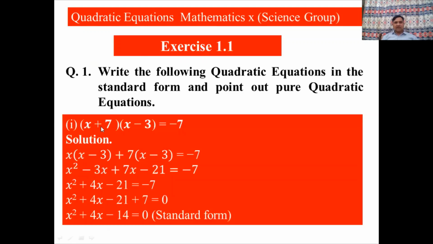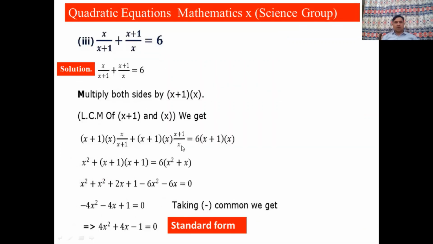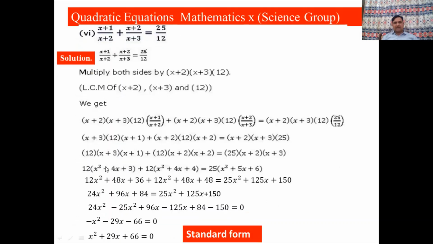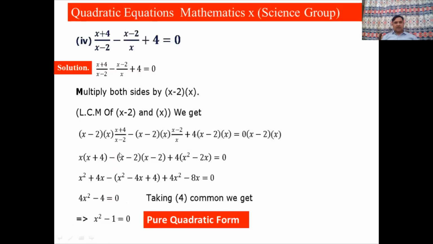We just have to write this x with this whole term, and then this 1 with this whole term. So here we have multiplied this x with this whole one, and this one with this whole one. Another way: when we multiply this x with this x, that is x square, and when we multiply this x with minus 2, this is minus 2x.